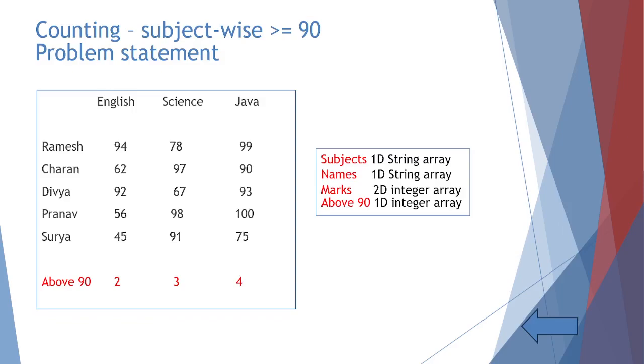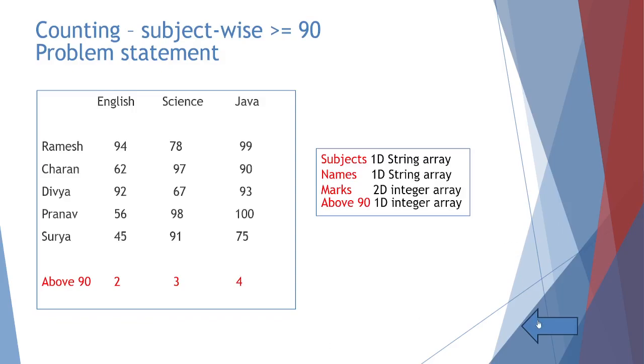These 3 arrays: one is subjects, a one-dimensional string array, second one names, a one-dimensional string array again, but marks is a 2D integer array. Then we need to calculate vertically how many students got above or equivalent to 90 in English, that is 2 students, and Science count above or equivalent to 90, and then Java, 4 students got above or equivalent to 90.